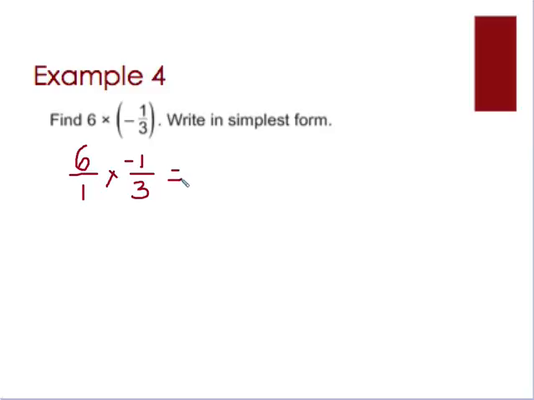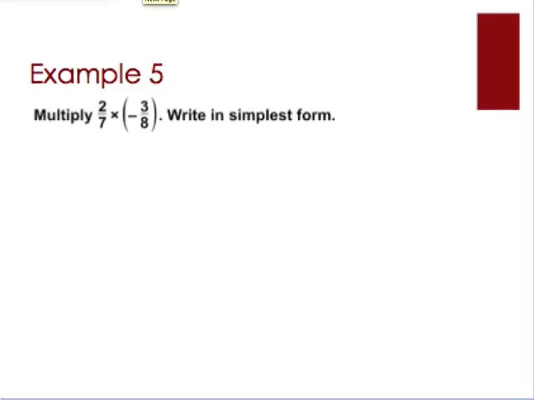Multiplying across, 6 times -1 is -6. 1 times 3 is 3. We have an improper fraction. I can reduce, or I can change it to a mixed number or a whole number. Looking at this, I notice -6 can be divided equally by 3. So I can say -6 divided by 3 is going to be -2. That's my final answer.